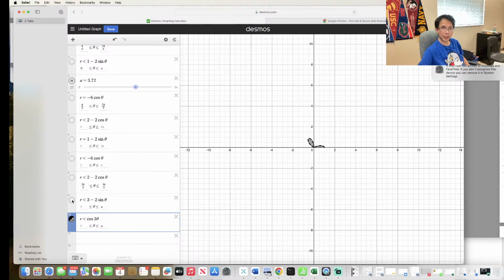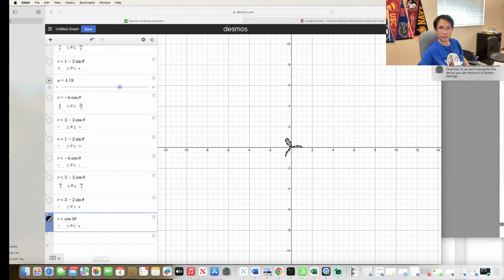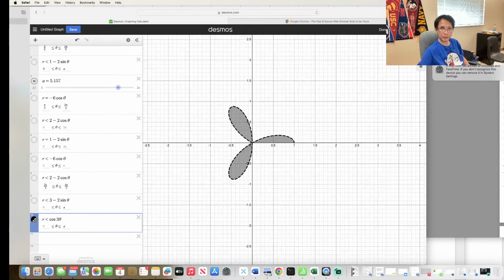Do they stop at pi? They stop at 2 pi. Zoom in, they should show. No, because theta, the boundary is what shows, but not the traces.